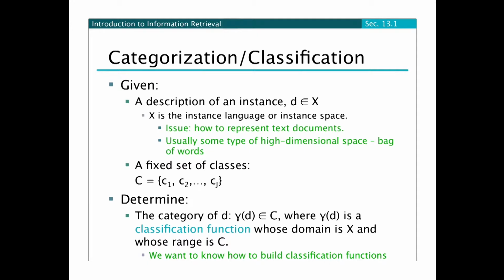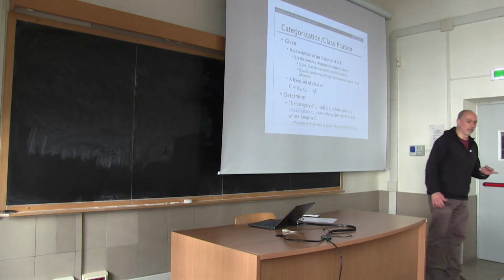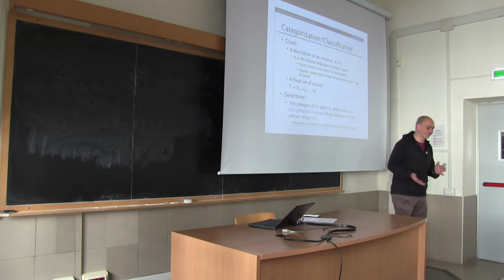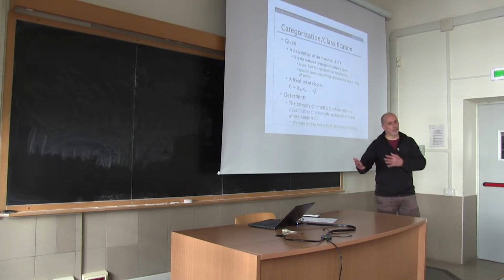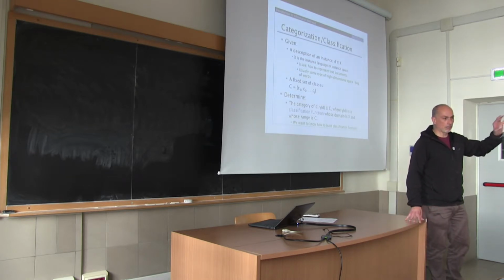Of course, the first problem is that sometimes a document can belong to more than one class, right? So to begin with, we consider the simple case in which one document will belong to one class. Maybe it also should belong to other classes, but let's say that you try to assign it to the class which is more likely, or the most important for the document, okay?